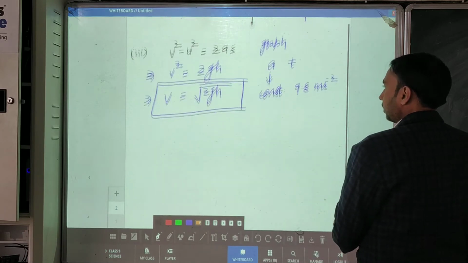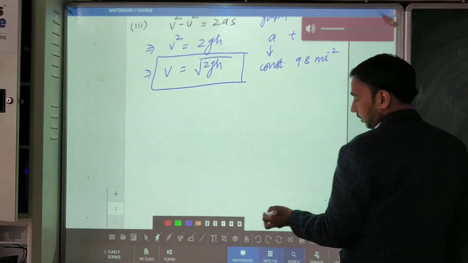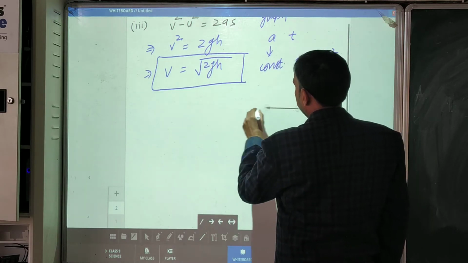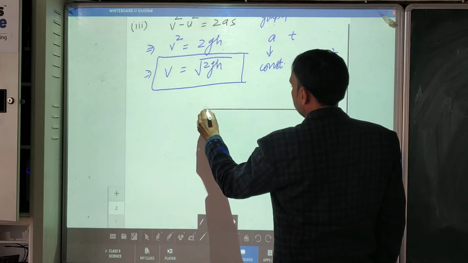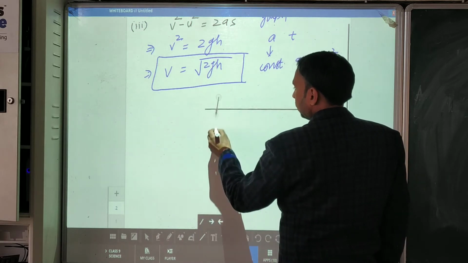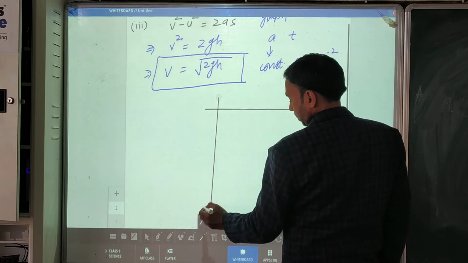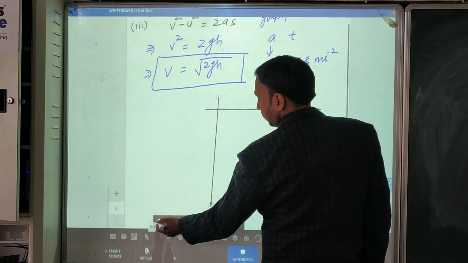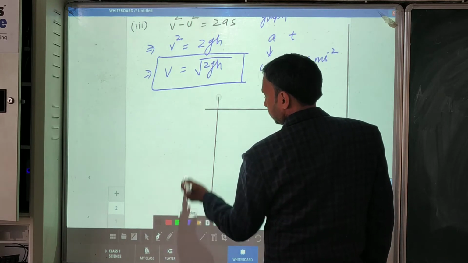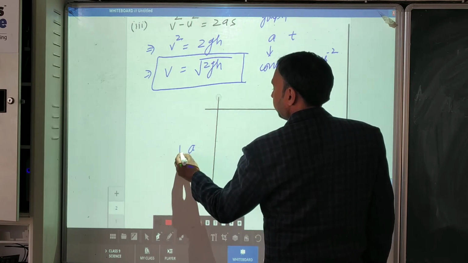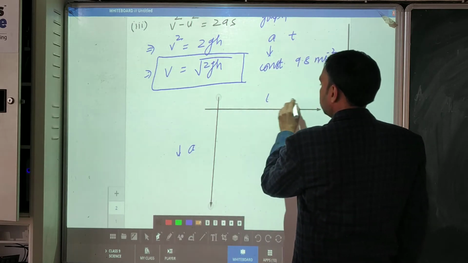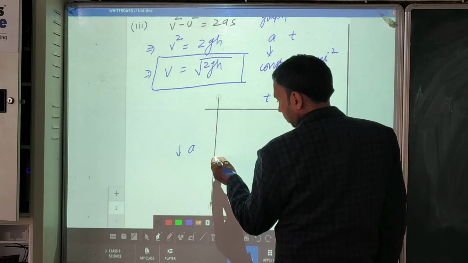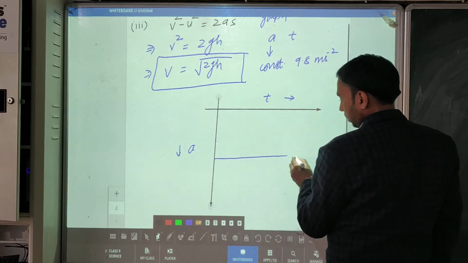So we plot a graph between acceleration and time. What we observe is that the graph would be somewhat like this. It is a constant, so if we plot acceleration, say a, towards this side and time towards this side, then the acceleration will be something like this.